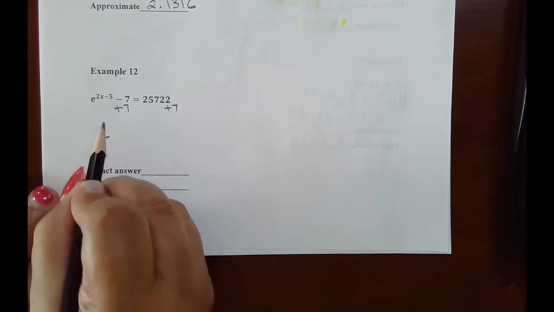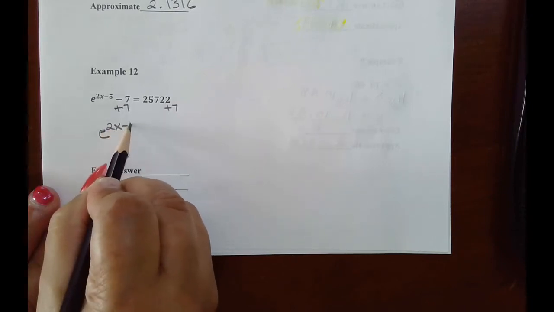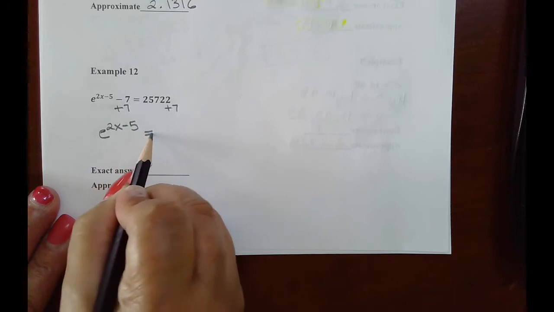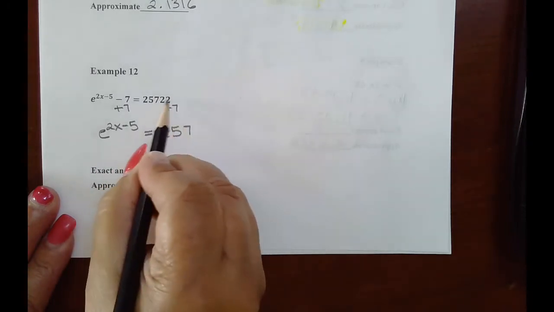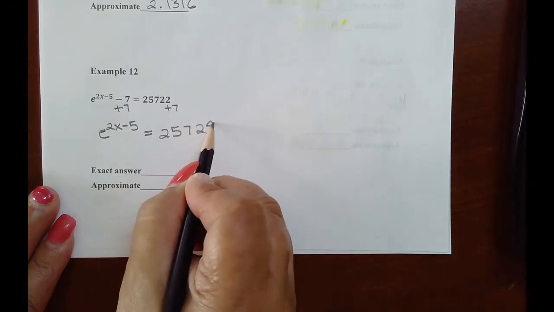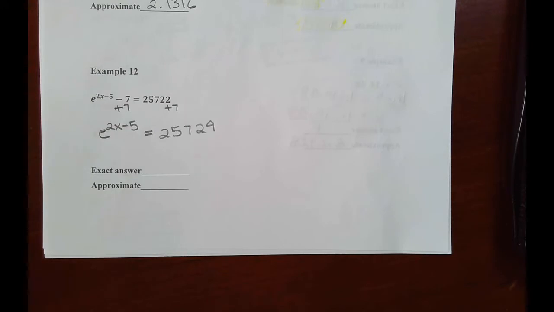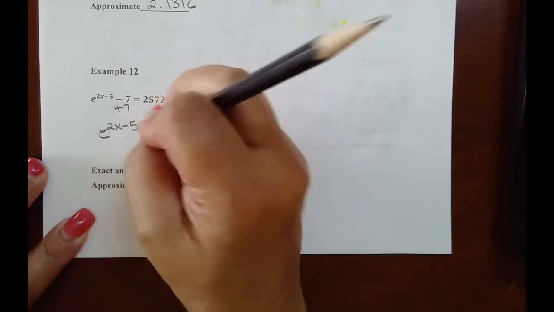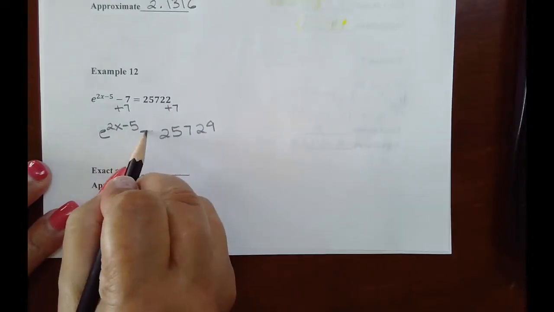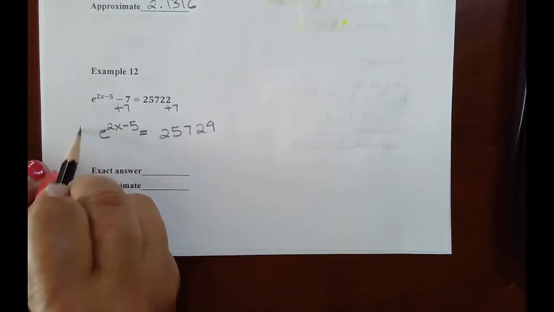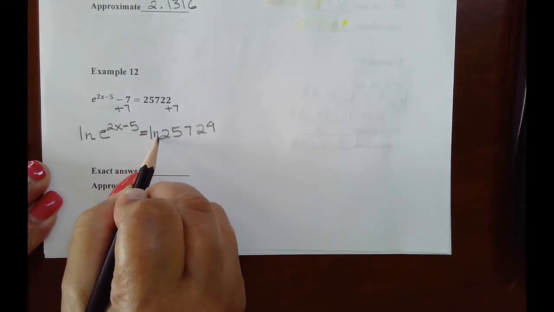Okay, that'll give me e raised to a power of 2x minus 5. And then here I'll have, instead of 22 plus 7, I'll have 29. Once you have the base and the exponent isolated, then you're going to take your log of both sides. So taking natural log here, taking natural log here.